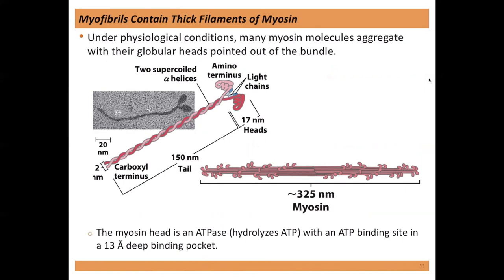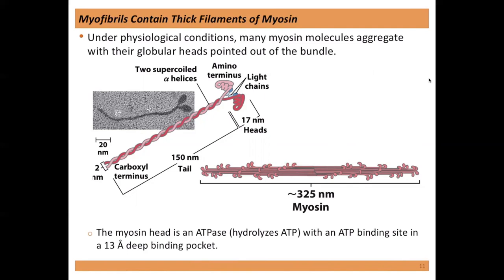Looks like a 2-headed snake there. And if you just take the myosin fibers, what you find out under physiological conditions, they'll actually aggregate. And so their tail ends kind of face each other, and then you get these myosins, and you can see the head groups out here. So several hundred of these can aggregate.